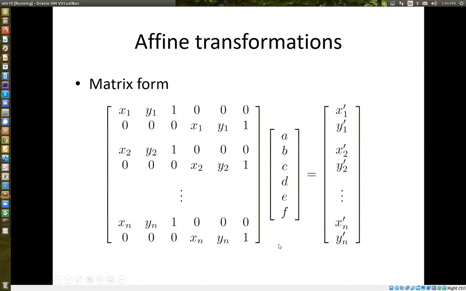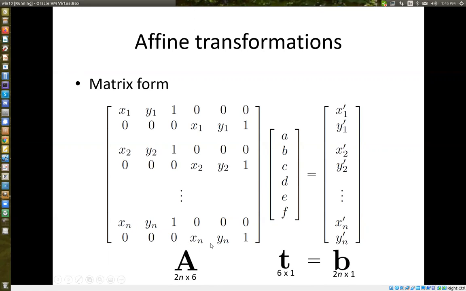You can write this as Ax equals b, and if you have n matches, A would have dimension 2n times 6. And how to solve this?